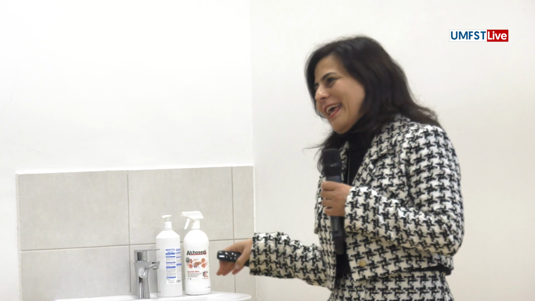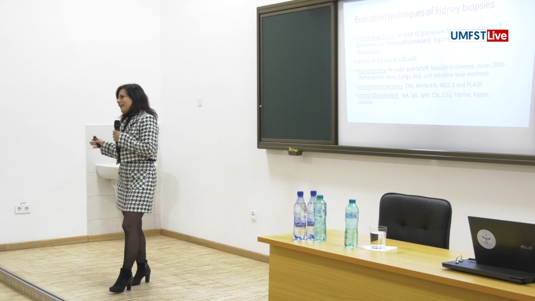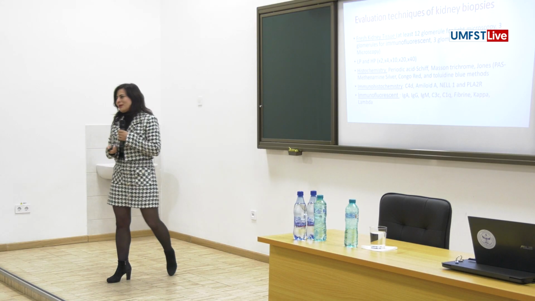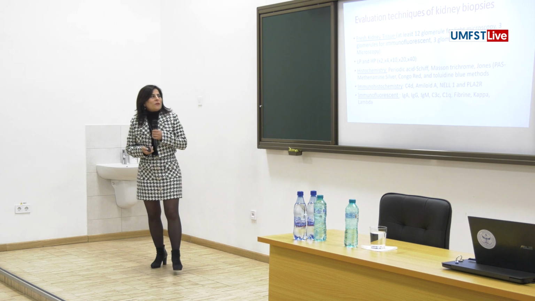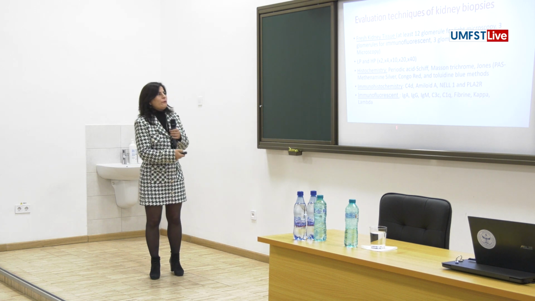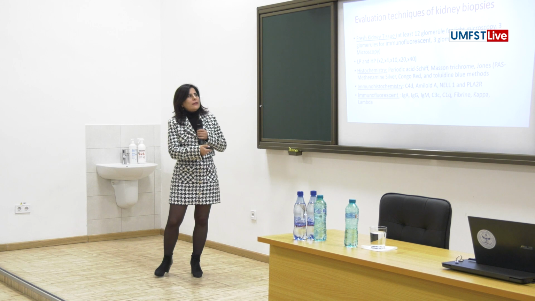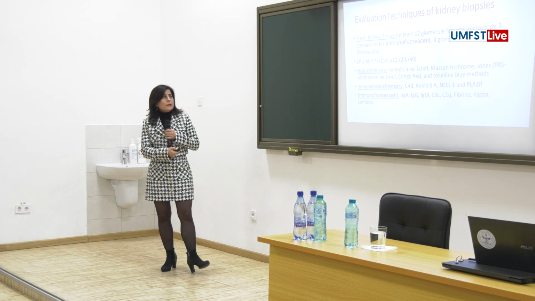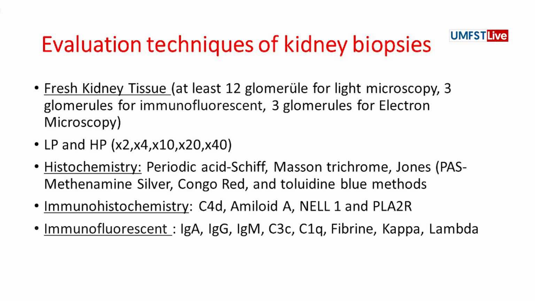Usually, the grossing is easier than reporting the kidney biopsies. Usually, my residents prefer to leave them to the end and want some coffee and some sweet things because it takes a bit long. In histochemistry, we usually prefer PAS, Masson trichrome, plasmethylamine silver, Congo red, and toluidine blue methods.